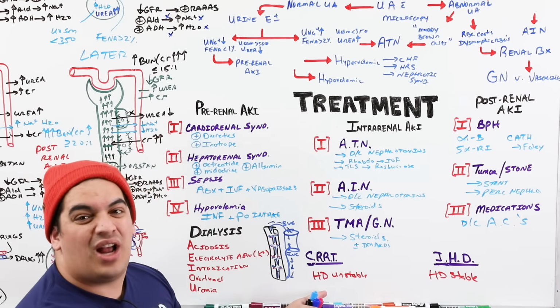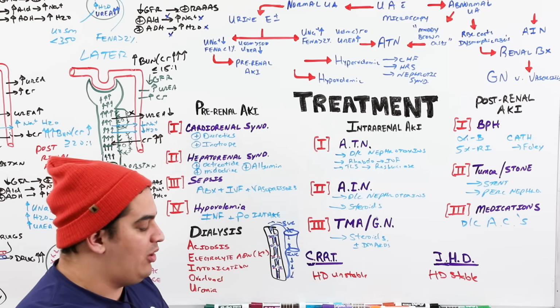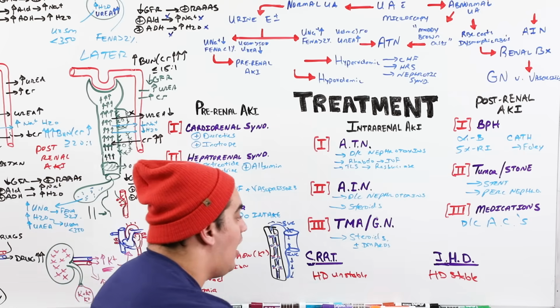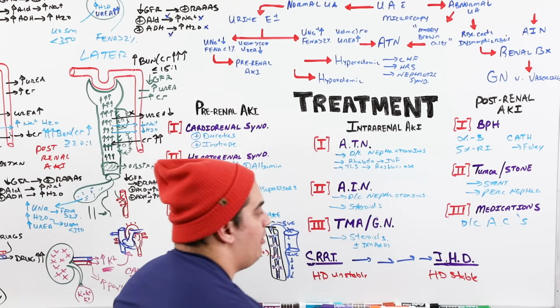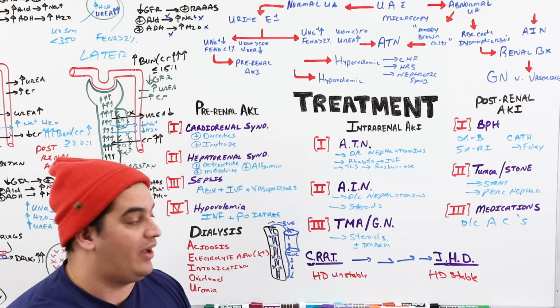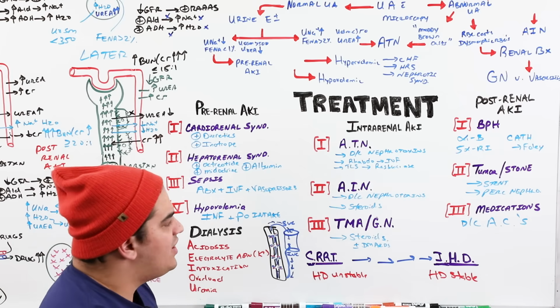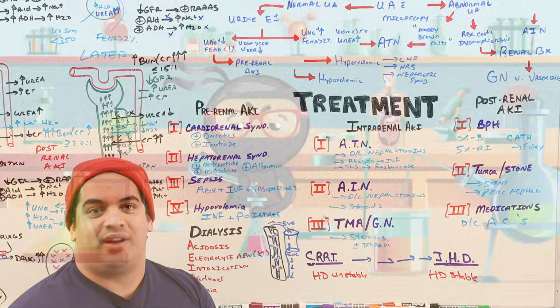If they're a little bit more shocky, hypotensive, continuous renal replacement therapy may be the way to go. And then eventually, once they become more hemodynamically stable, you may just switch them to intermittent hemodialysis every couple days, and then maybe once a week if they start improving. Okay? So this is the basic conversation that we're going to talk about with acute kidney injury.